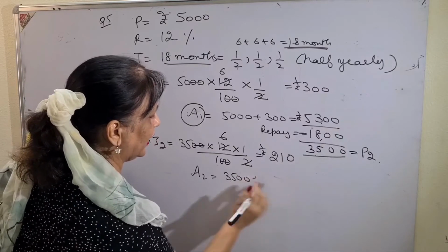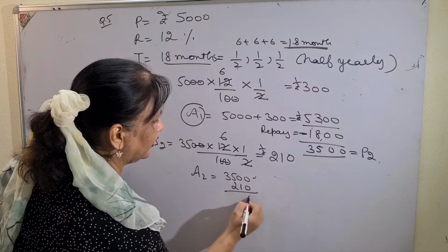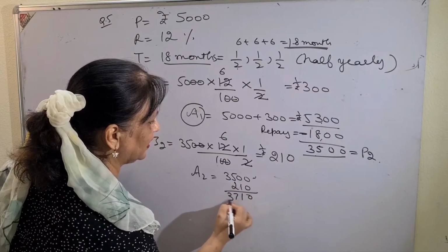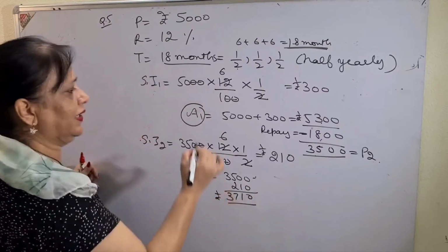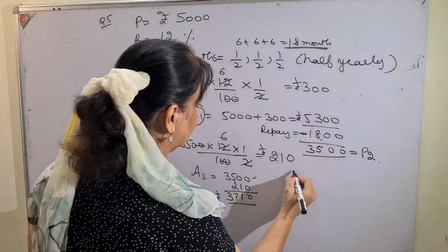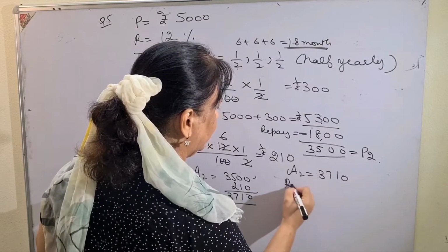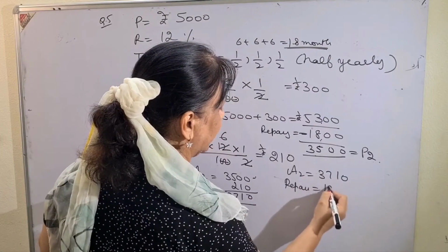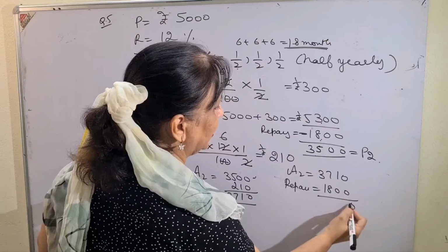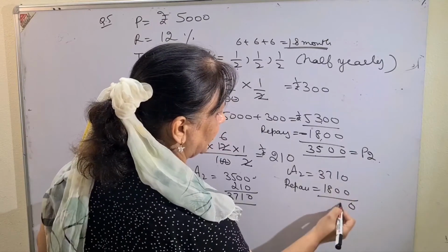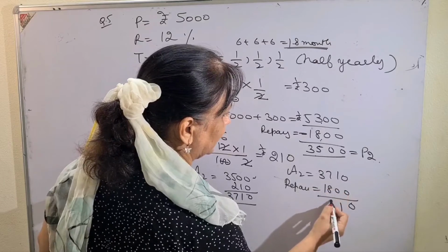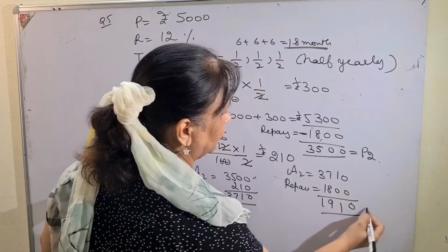This will be 3,710. Again he paid out of this amount 2, 3,710. He repays 1,800. Every time after every 6 months he is paying this much money back. 17 minus 8 is 9, 2 minus 1, 1,910 rupees.